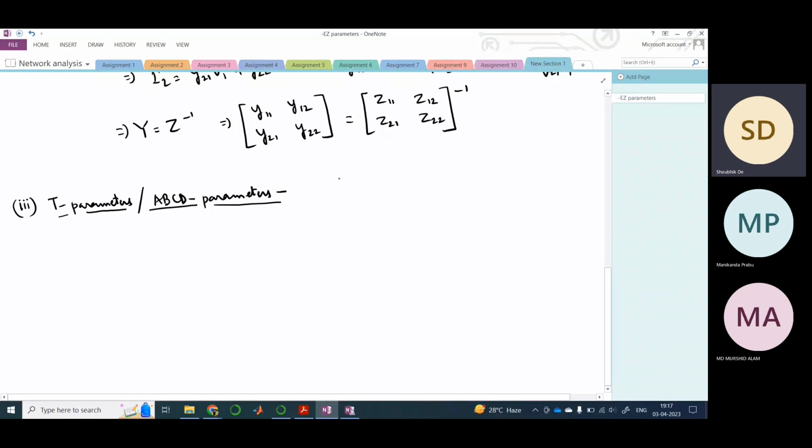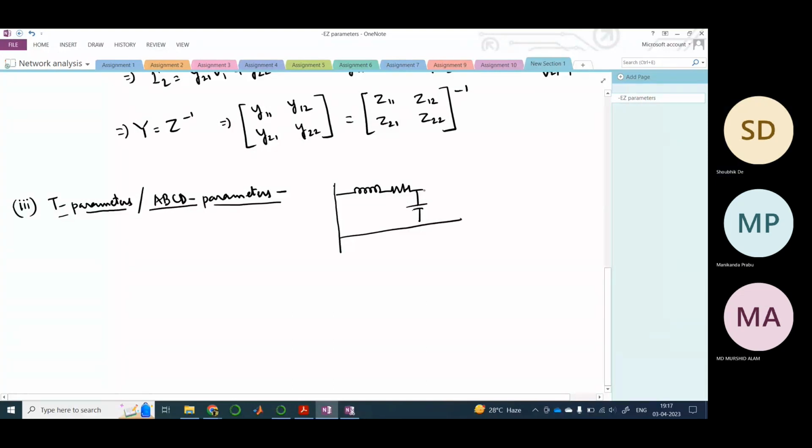In a transmission line, there are impedance, resistance, capacitance, like this. There is a bus, this part and this part. This is the sending end and this is the receiving end.